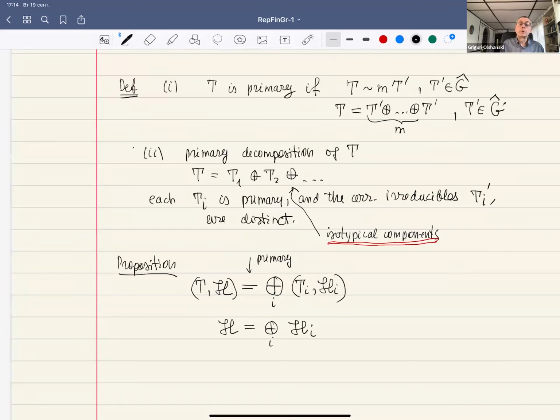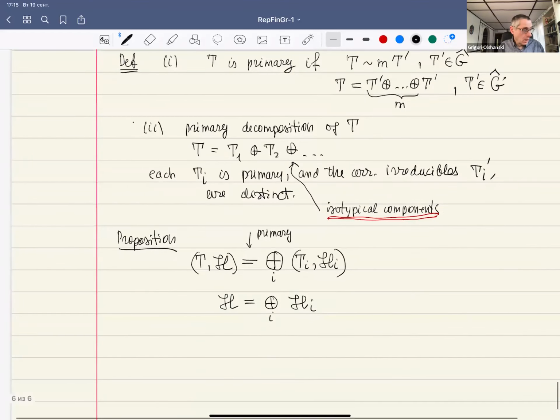And we may also assume that this decomposition is orthogonal if our representation is assumed to be unitary. This holds automatically. And the claim is as follows.